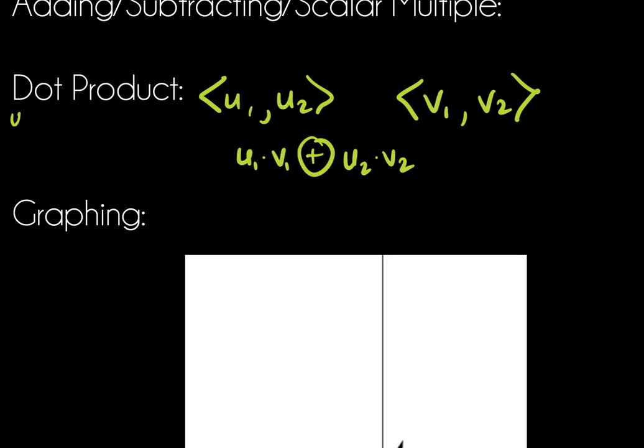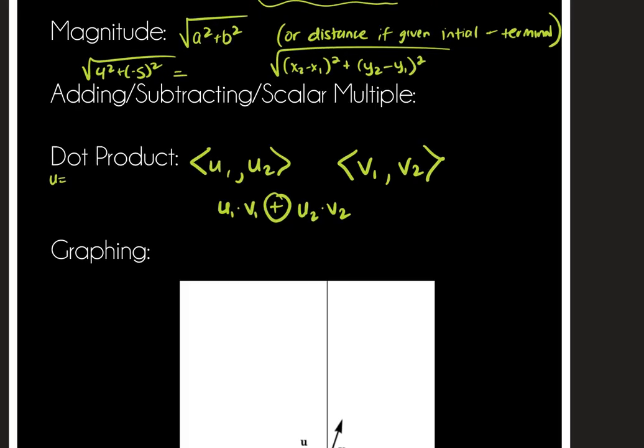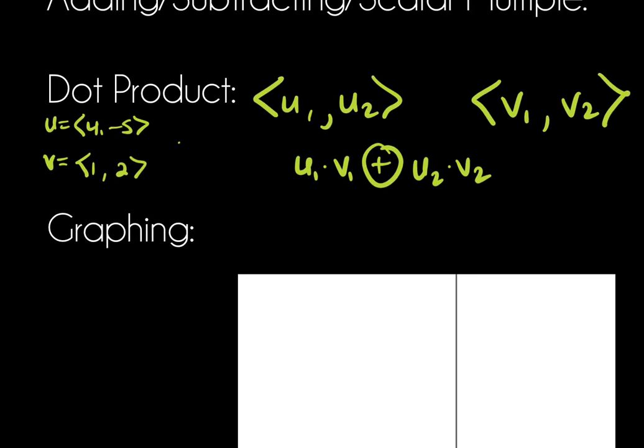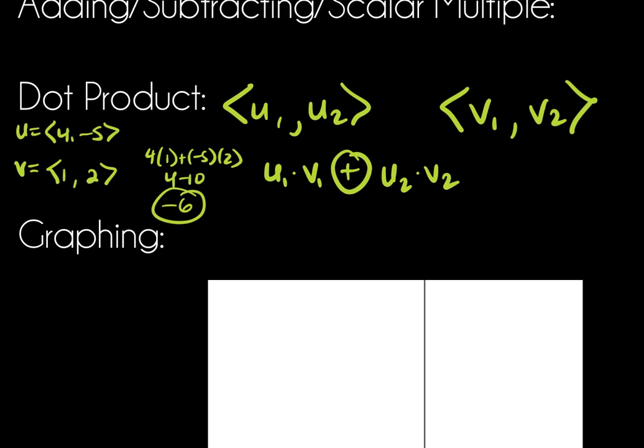So let's say u was 4, -5. And v was 1, 2. Then my dot product would be 4 times 1 plus -5 times 2. 4 minus 10, which is -6. So dot product ends in a single number.